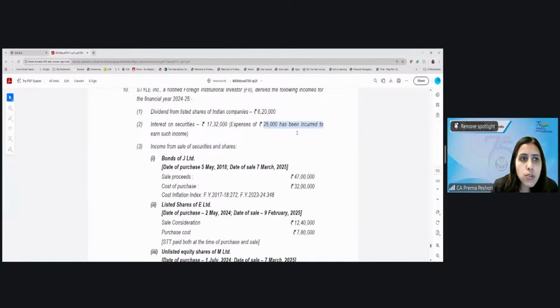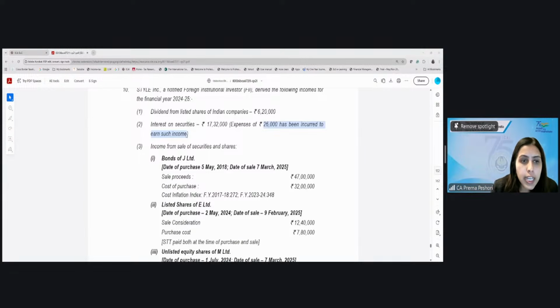Expenses of 26,000 has been incurred to earn such income. Again 20% on 17.32 lakh. No deduction of the expenditure is allowed.